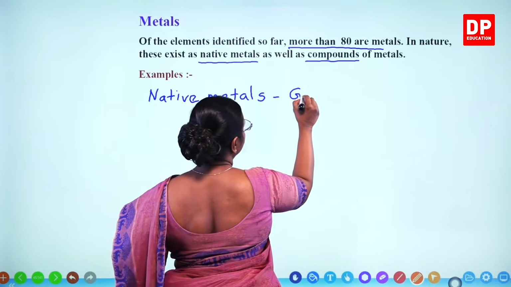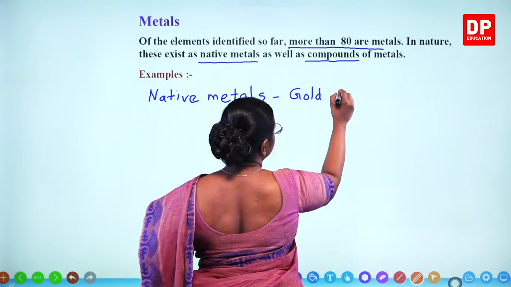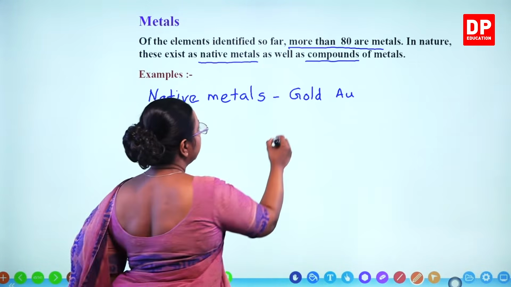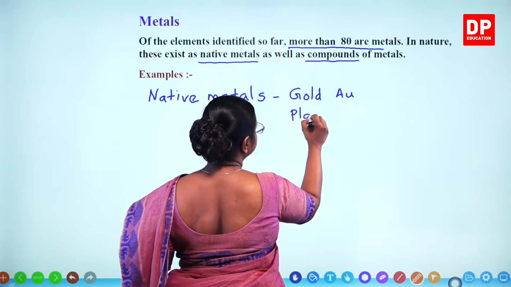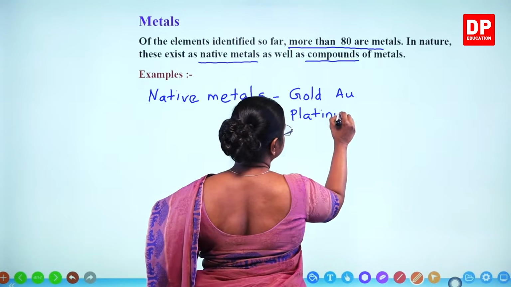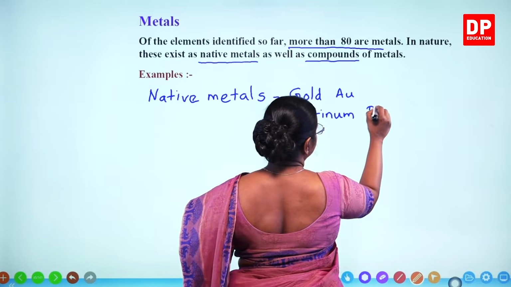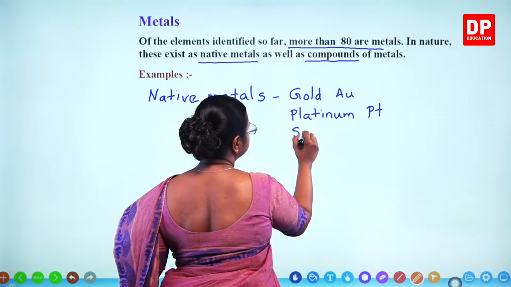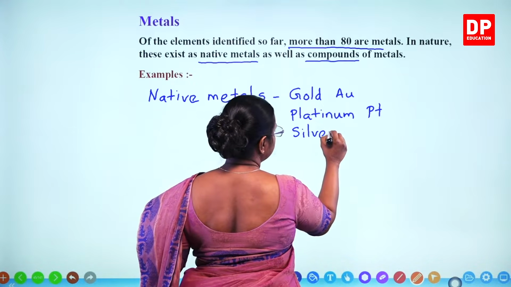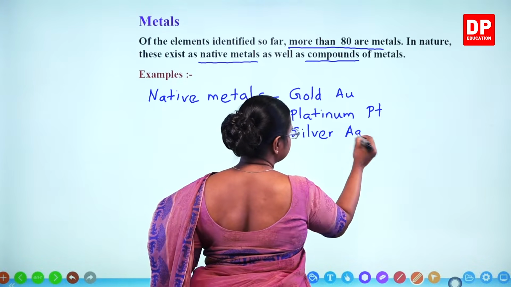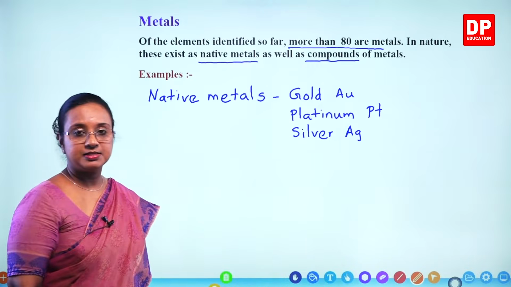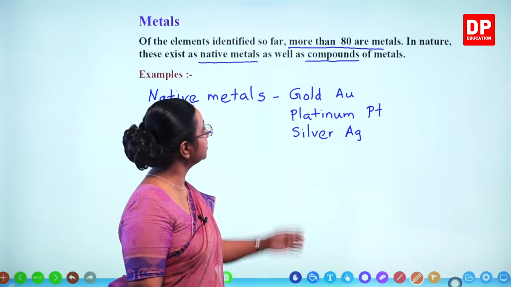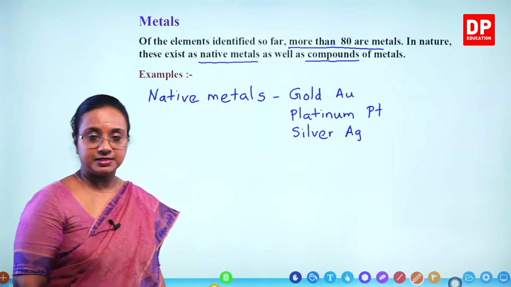That is gold, which has the symbol Au. Then we have platinum, that has the symbol Pt, and silver. This also exists as native metal. Silver is Ag. So these are a few examples of native metals.